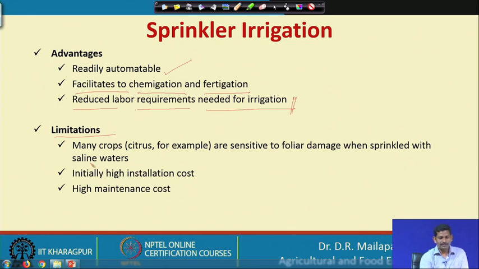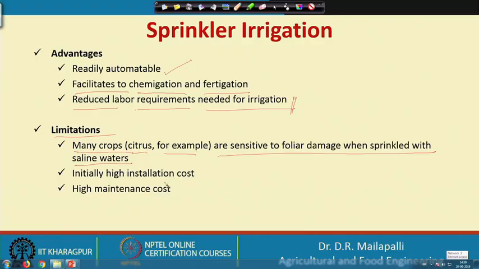The limitations: many crops, like citrus for example, are sensitive to foliage damage when sprinkling with saline waters. Since you are applying water on top of the crop, that means foliage application, so water-sensitive crops may not be suitable for this. Citrus generally is very sensitive to moisture at the top surface. There is also a high installation cost because of the components.